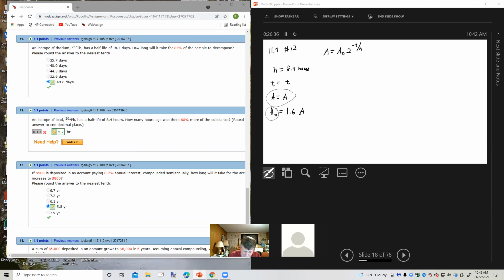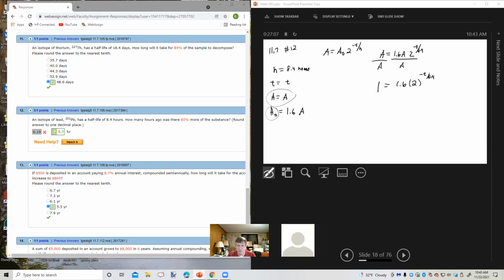So now we've got A equals 1.6 A times 2 to the negative t over 8.4 power. All right. I'm going to divide both sides by A, and I get 1 equals 1.6 times 2 to the negative t over 8.4 power.